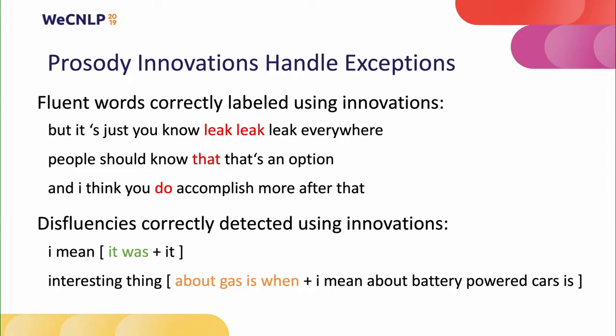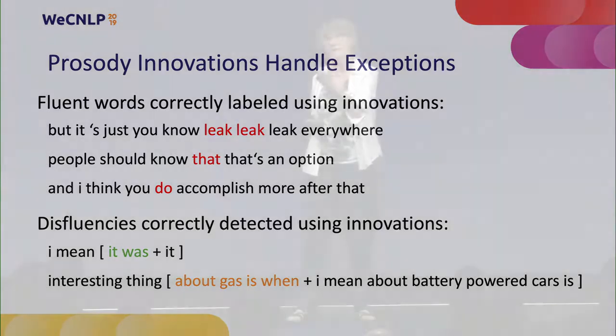Some things that we correctly got that the regular system missed. It is a perfectly fluent thing, but in this case, it's a disfluency. And disfluencies that are really long, we also get with the innovations, and we don't get them so much with language. This actually turns out to be important with the Supreme Court oral arguments because they have long disfluencies.